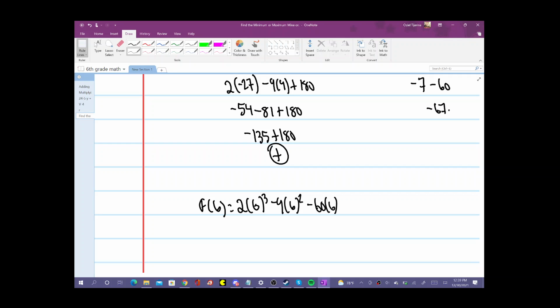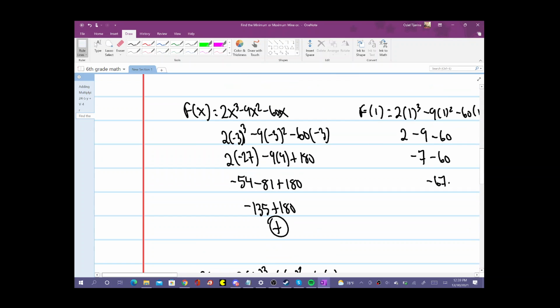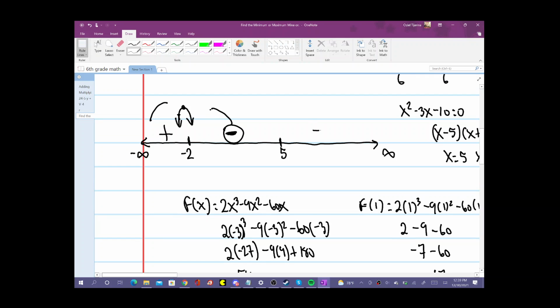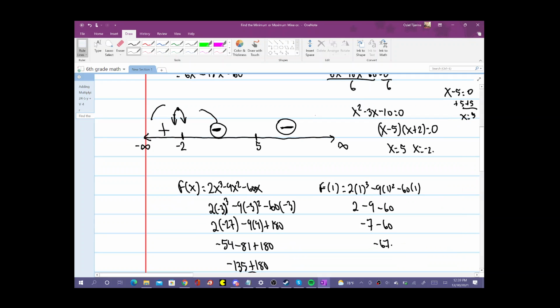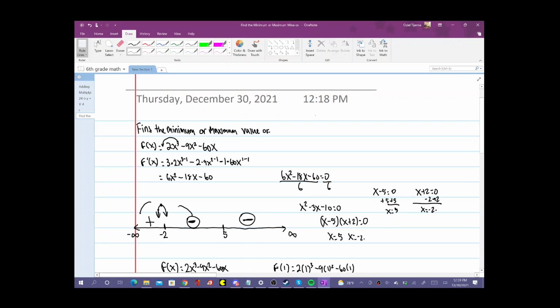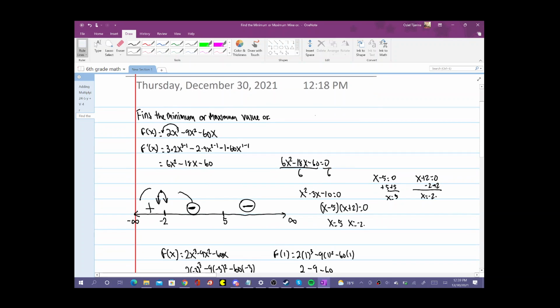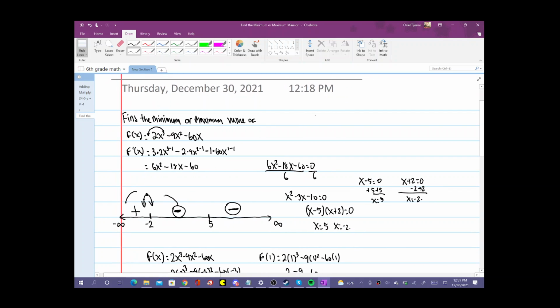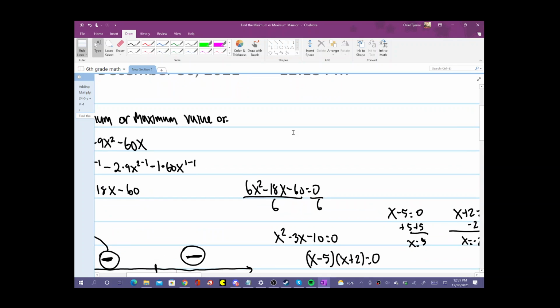So minus 9 times 6 squared, minus 60 times 6. It's negative, right? So this is negative. So there's only one maximum value. It keeps decreasing as we go further and further, right? So there's only one maximum value in this function.